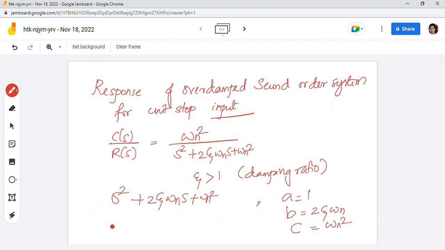Now, the value of s will be equal to minus b plus or minus root of b square minus 4ac divided by 2a.